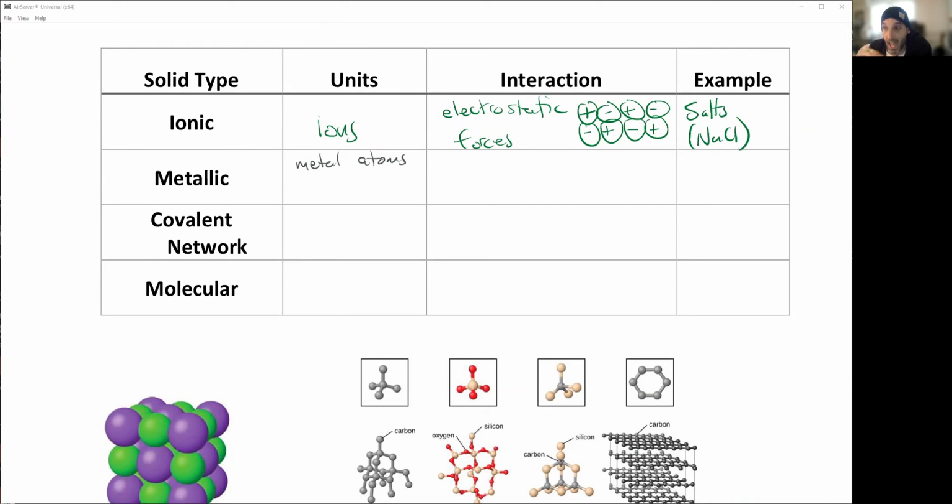These metal atoms typically are not charged, at least the bulk material is not charged. Again, this is another electrostatic force. You have these positive metal atom nuclei, and you have these negative valence electrons.